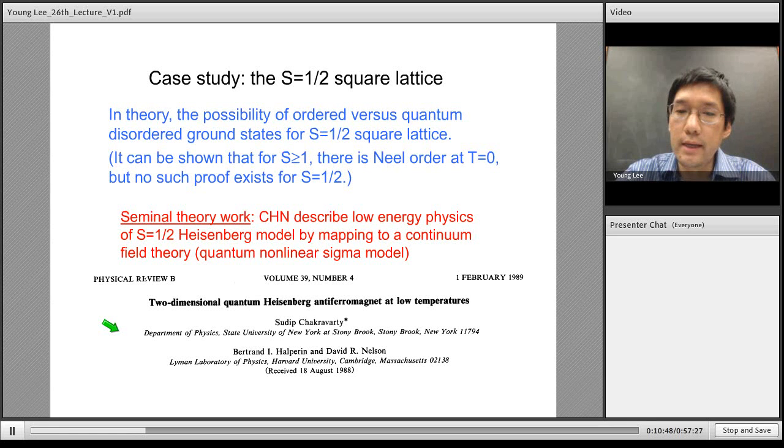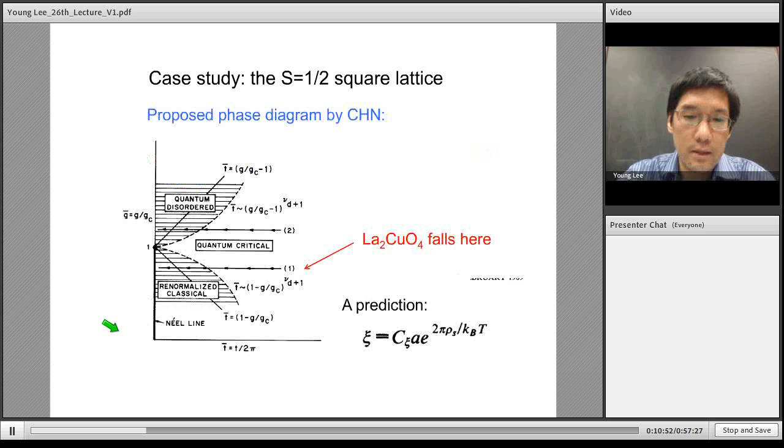And they had a parameter in their theory, let me go to that next, which changed the quantumness, in a sense, of the system, and they had this parameter labeled g. So this phase diagram has g on the y-axis, and temperature on the x-axis.